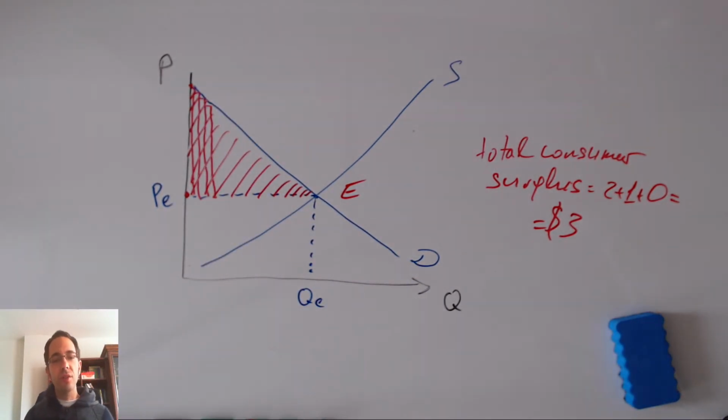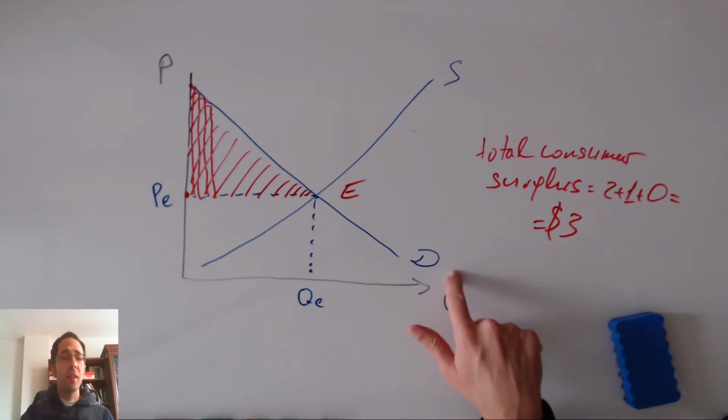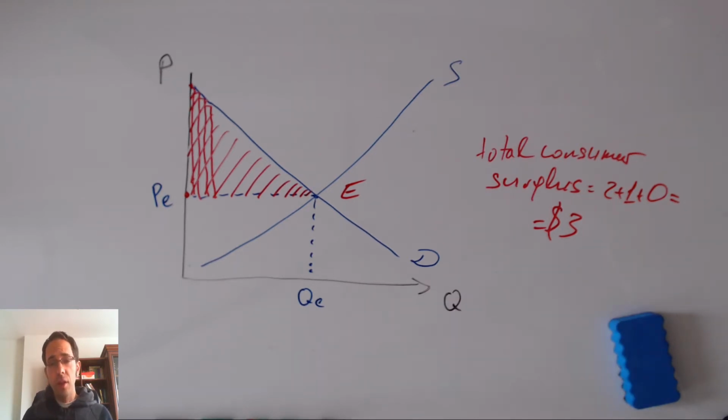If you have these coordinates, you would be able to calculate the area of the triangle, given that the demand is a linear function.